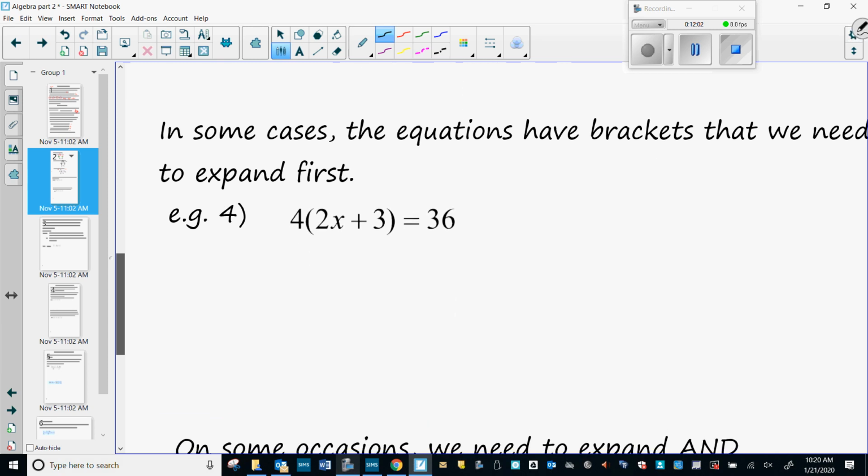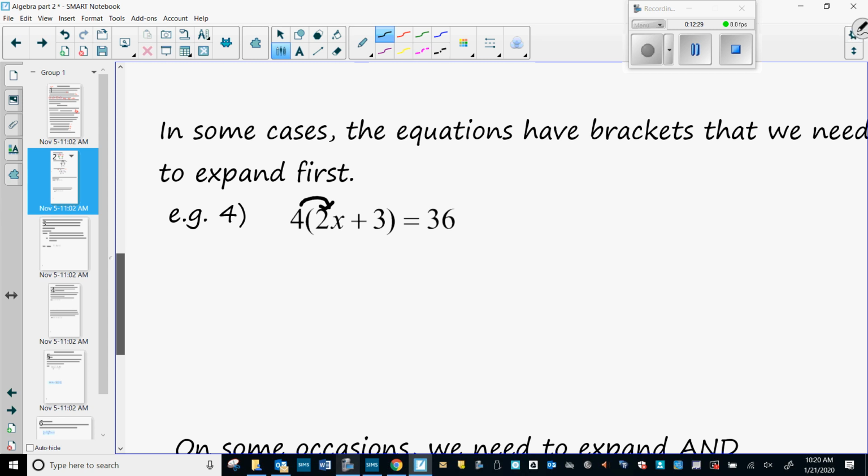Right, in some cases we have brackets that we need to deal with. You've got choices here. You can expand your bracket first. You don't have to, but I would suggest it's probably easier to expand your bracket first because ideally we don't want a bracket there. Expanding my bracket means we're multiplying everything inside the bracket by whatever is at the front.